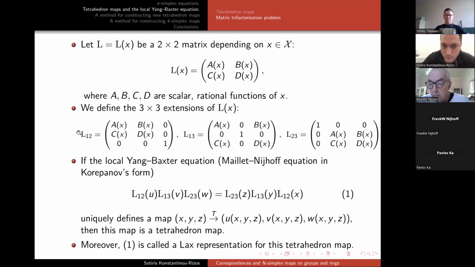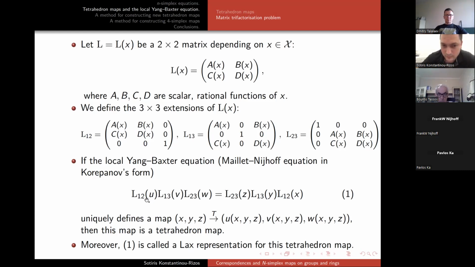L12 will be the following 3x3 generalization of the matrix L. The indices 1 and 2 mean that the elements A, B, C, D sit at the intersections of the first and second rows with the first and second columns of this 3x3 matrix. 1,3 means that they sit at the intersections of the first and third rows with the first and third columns, etc. So we substitute these matrices into the following equation.